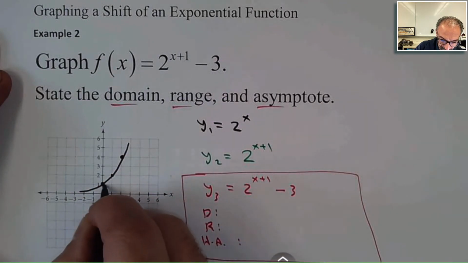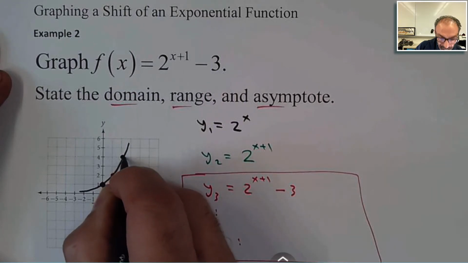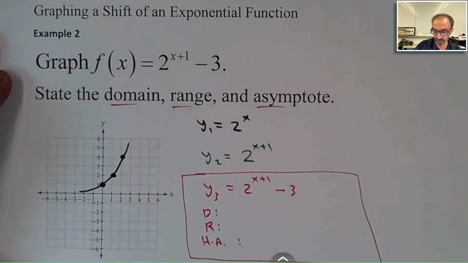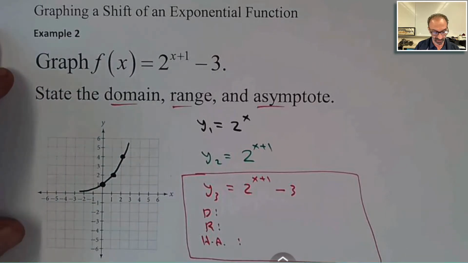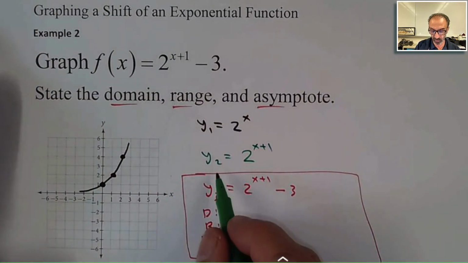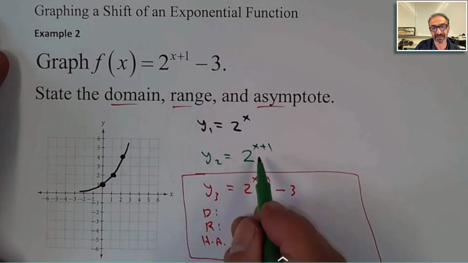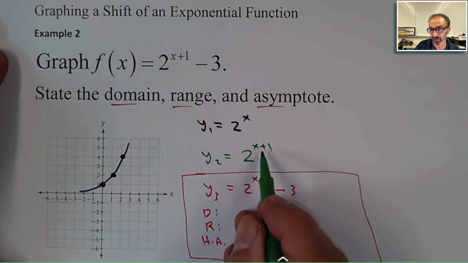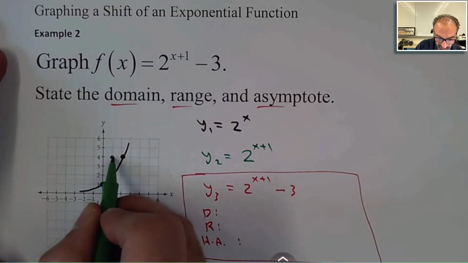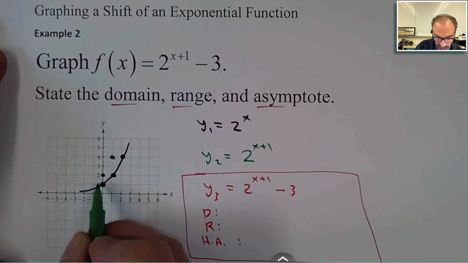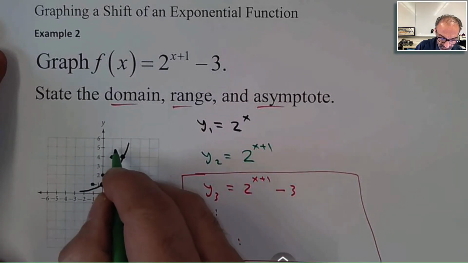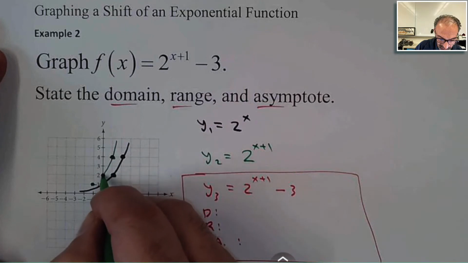But I want to make these clear. Now, let's go green and refer to y2, which is the same except we are adding 1 to x, so we're going to move it left 1 unit. So this is going to be here, this is going to be here, and this is going to be here, and roughly that's my graph.